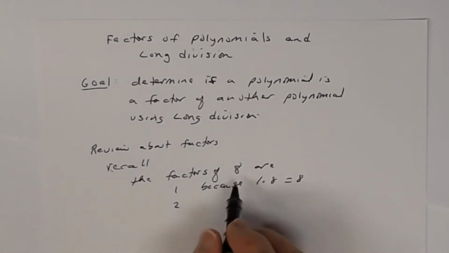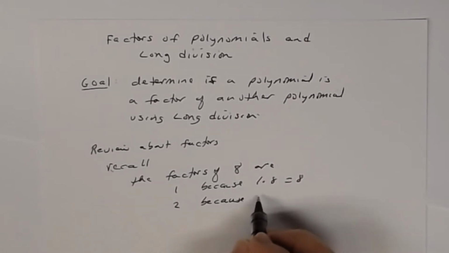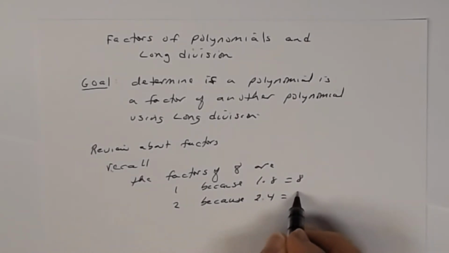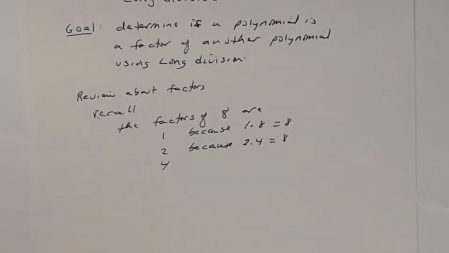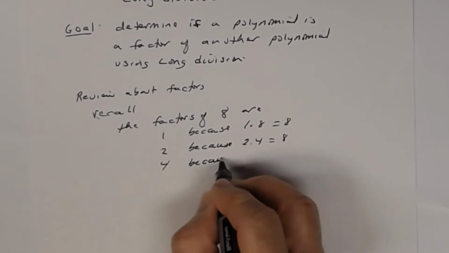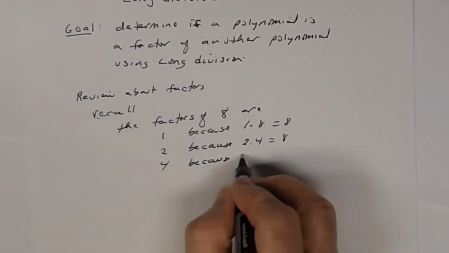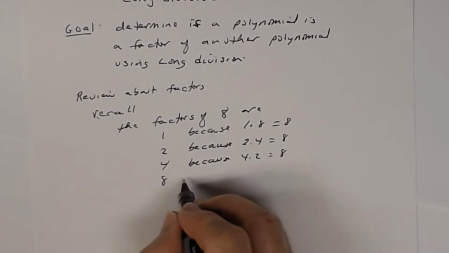2 is a factor of 8 because 2 times 4 is 8. 4 is a factor of 8 because, and we already have it right here, 4 times 2 is 8. 8 is a factor of itself.